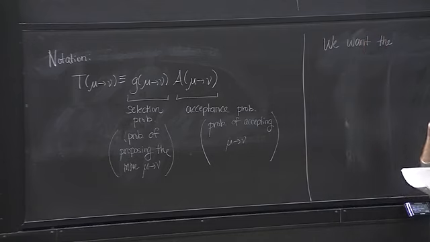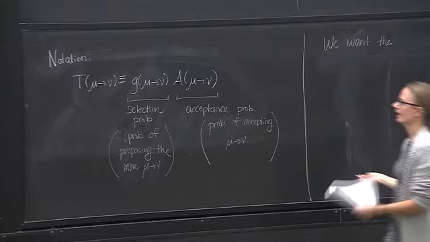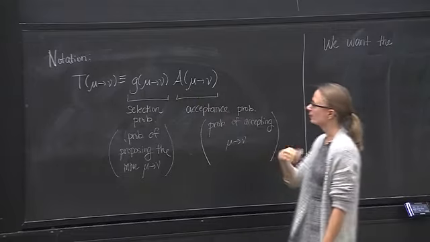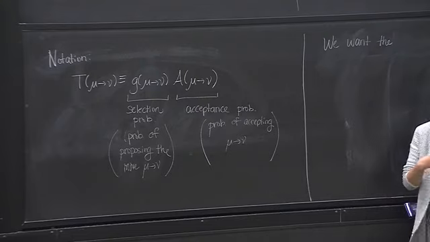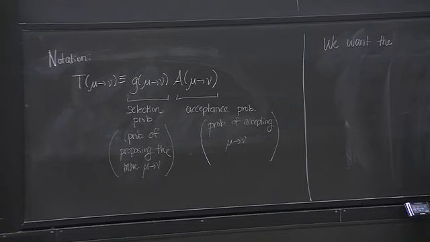Ideally, if we have a choice, our acceptance probabilities will be as close to 1 as possible, because it would waste a lot of our resources if we keep proposing moves and then not accepting them.